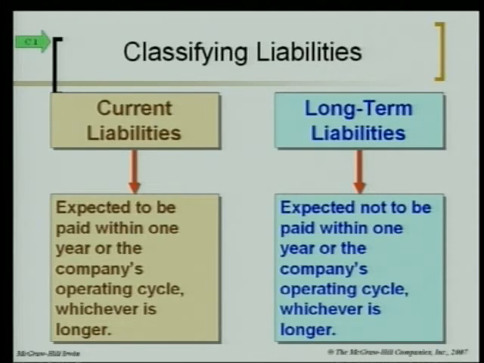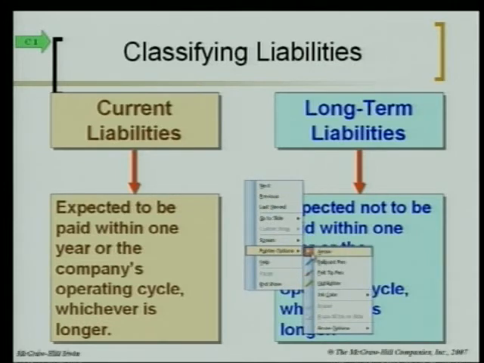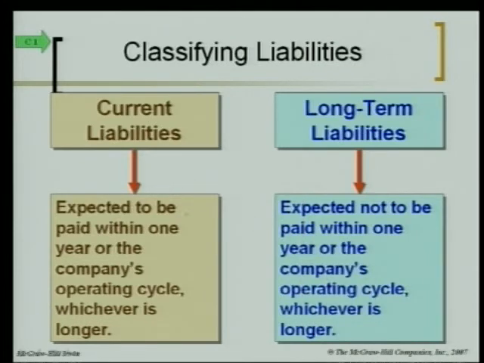Now, I want you to focus on the first half of that definition. Okay? Let me get the pointer out here. I want you to focus mainly on this part of it. Okay?